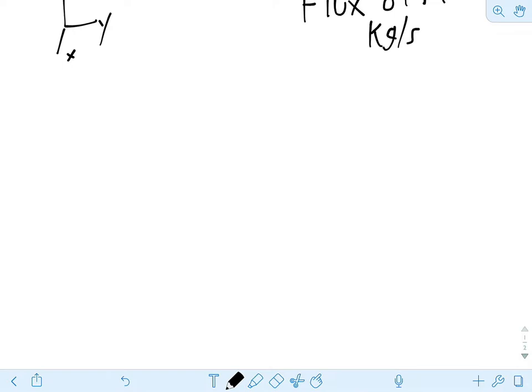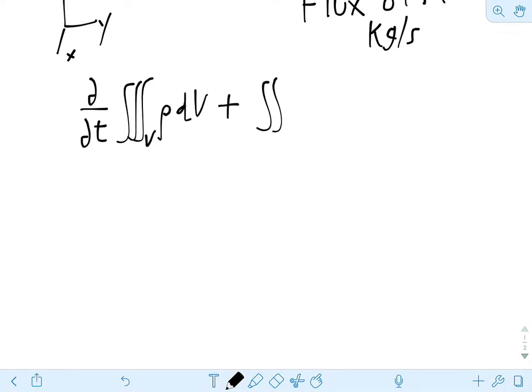This time rate of change of the mass is given by partial t, because the density is a function of x, y, z, and t, so we need a partial derivative. The integral over the volume of rho dV plus the integral over the surface of rho V dot n dS.